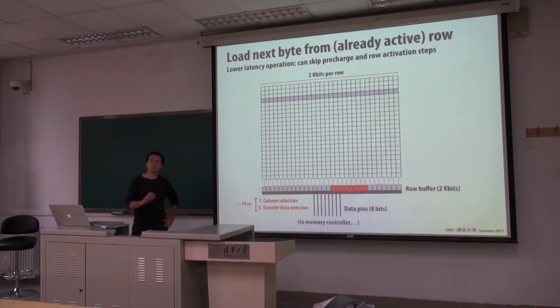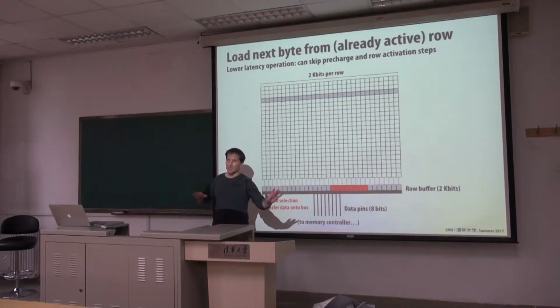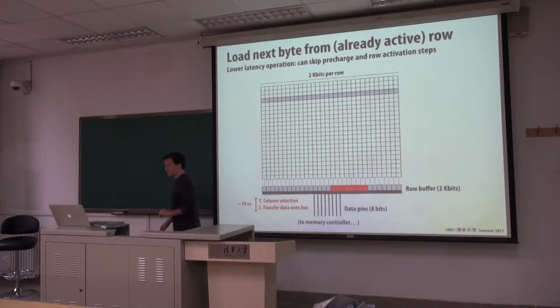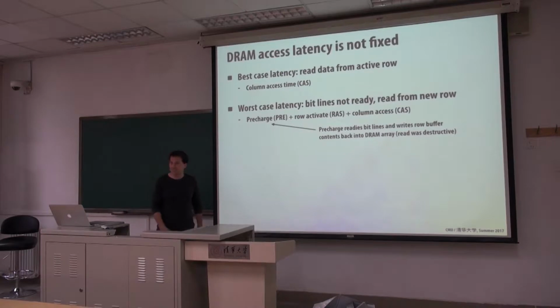So the cost of accessing memory, we used to think about it as dependent on whether or not you hit the cache or whether or not you went out to memory, to DRAM. But really, the cost of accessing memory is whether or not you hit the cache. And if you go out to DRAM, it's whether or not you hit the row buffer or not. So the access latency to DRAM is actually not fixed either.